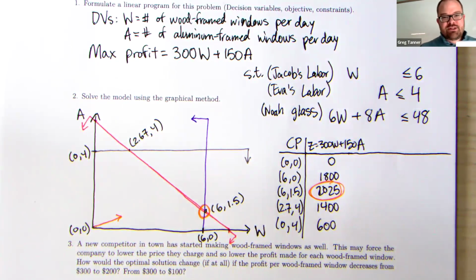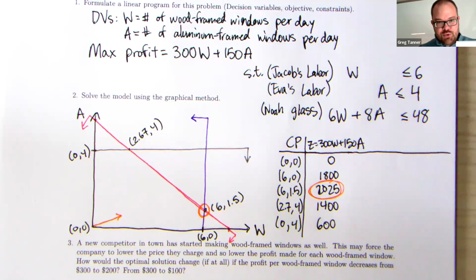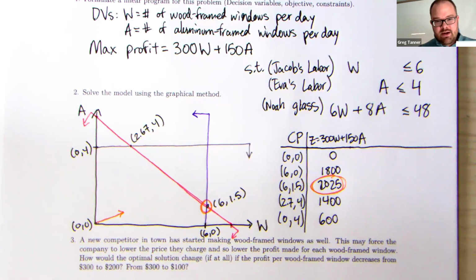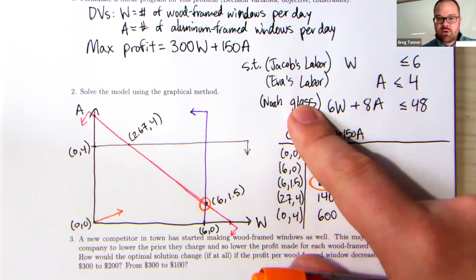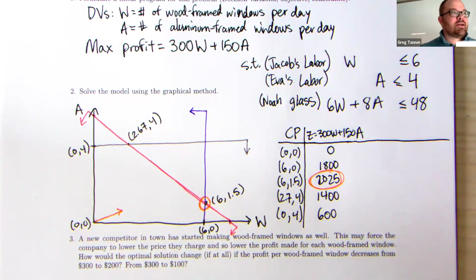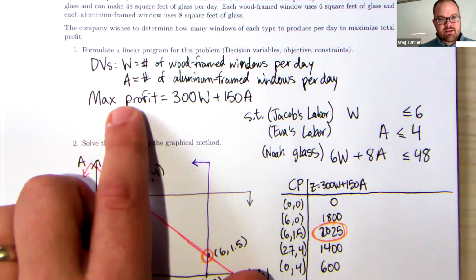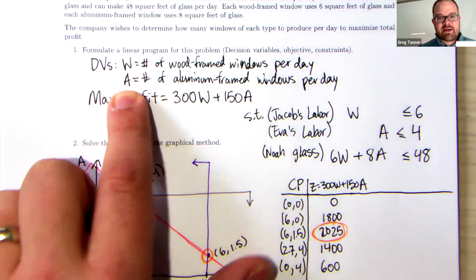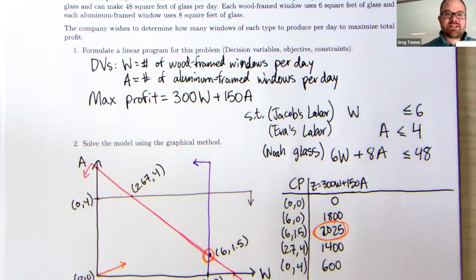Okay, and so you'd have to do some arrangement with Eva of she's going to be underutilized and she's going to have some excess hours, and whether you reassign her to some other task. Ideally, if she could make glass too, it'd be worth retraining her. But yeah, there's many practical things to consider by what's meant by some of these solutions. And actually, in a practical solution, there would be maybe our 2 variables are 2 products, and I often think of decision variables as activities, and one activity is to make that product.